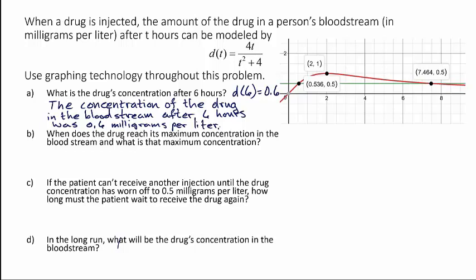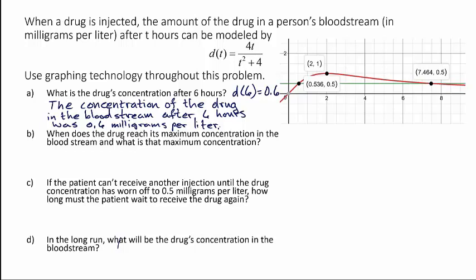And then it says, when does the drug reach its maximum concentration in the bloodstream, and what is the maximum concentration? So the maximum point is (2, 1). We found that we could take that off the graph. The 2 represents time in hours.